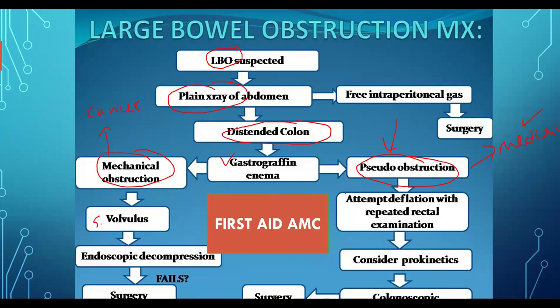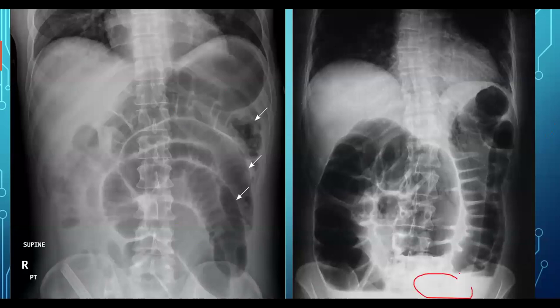In pseudo obstruction, you will be able to see gas in the rectum. Now, if there was any obstruction, you should not be able to see the gas in the rectum, right? So if there is gas in the rectum, it means that there is no obstruction. So that's one of the ways we can sometimes know that it might be a pseudo obstruction.